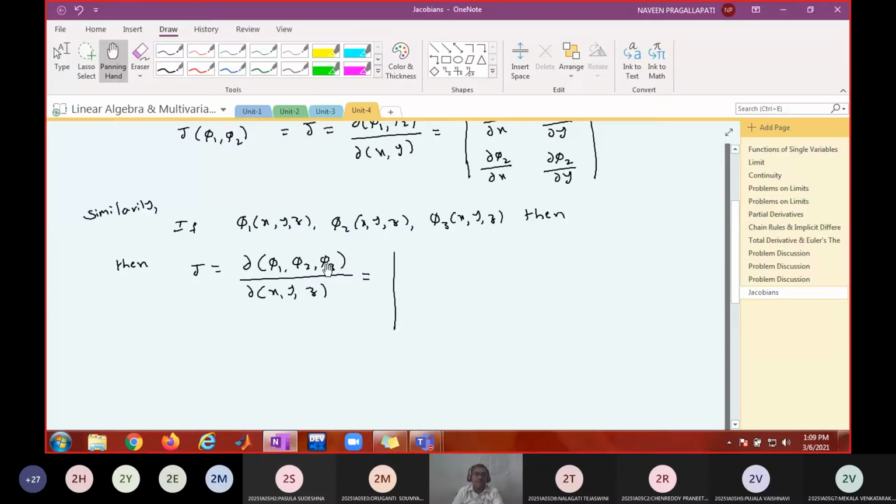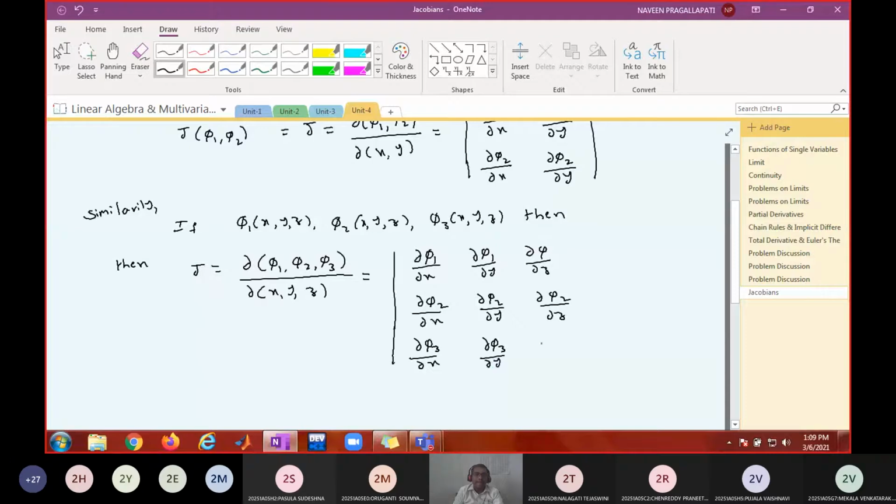And third row is dou phi 3 by dou x, dou phi 3 by dou y, dou phi 3 by dou z.